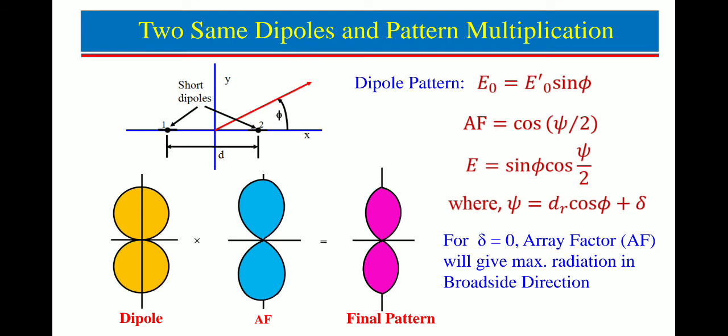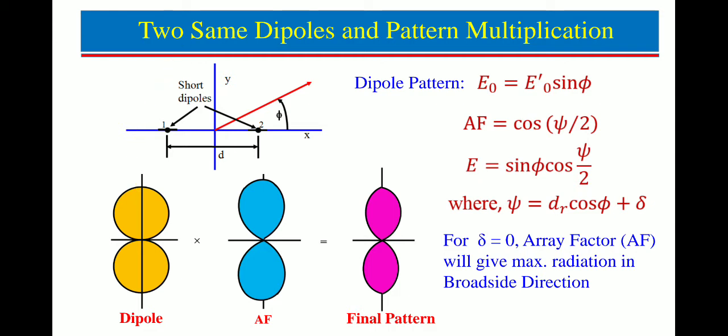So, two same dipoles and pattern multiplication. The dipole pattern is E0 equal to E dash 0 sin phi, and AF is equal to cos psi by 2, and E is equal to sin phi into cos psi by 2, where the value of psi is dr cos phi plus delta.